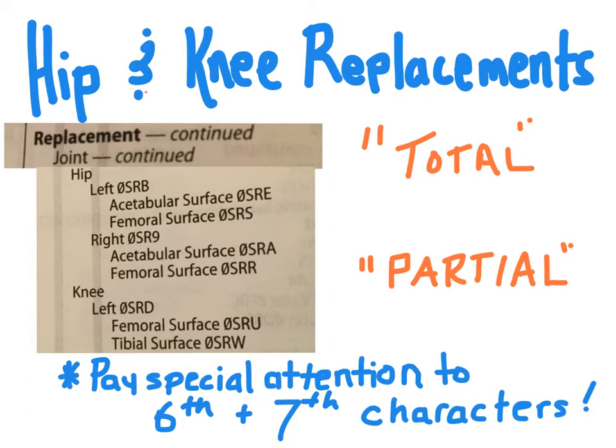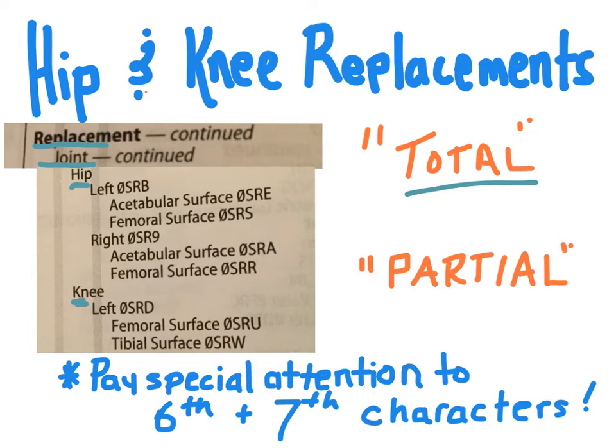When coding for hip and knee replacements, I want to draw your attention to the alphabetic index. So here we are under the main term of replacement with subterm joint, and then we have hip and knee also listed as subterms. If we have a total hip replacement or total knee replacement, you will come to the correct subterm, choose whether it is right or left side of the body, the right hip or the left hip.